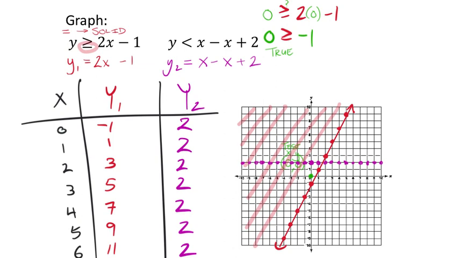What kind of line will we have? Well, let's go back to the inequality up here. y is less than. I'm just looking at the less than symbol right there. This one does not have an equal sign, so this one will be dashed.